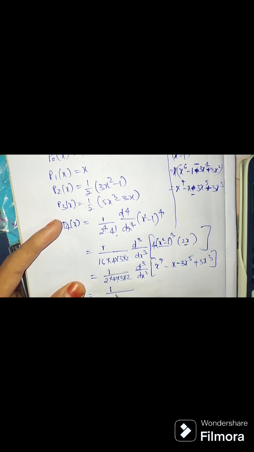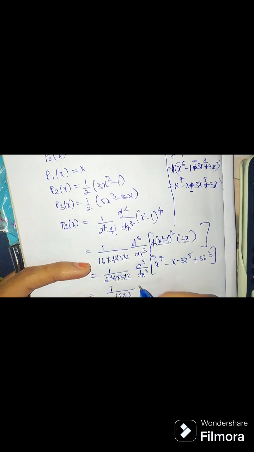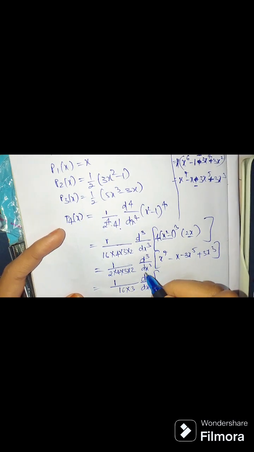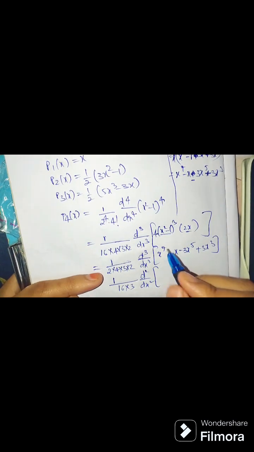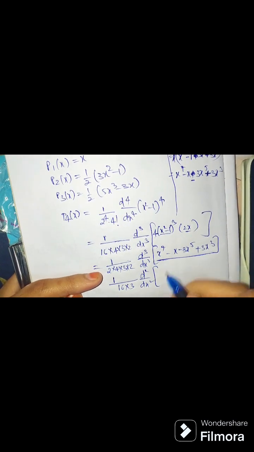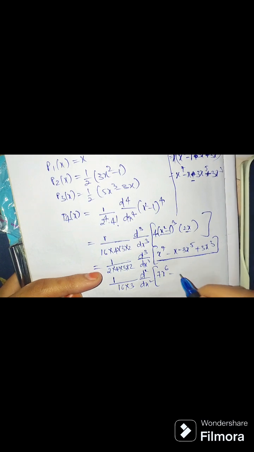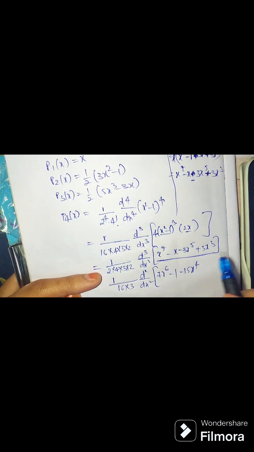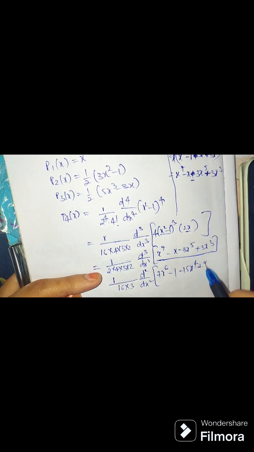Okay. Now we'll find d square by dx square. I'll find one derivative, so I'm writing square here. So one derivative of this: 7x power 6 minus 1 minus 15x power 4 plus 9x square. Okay.